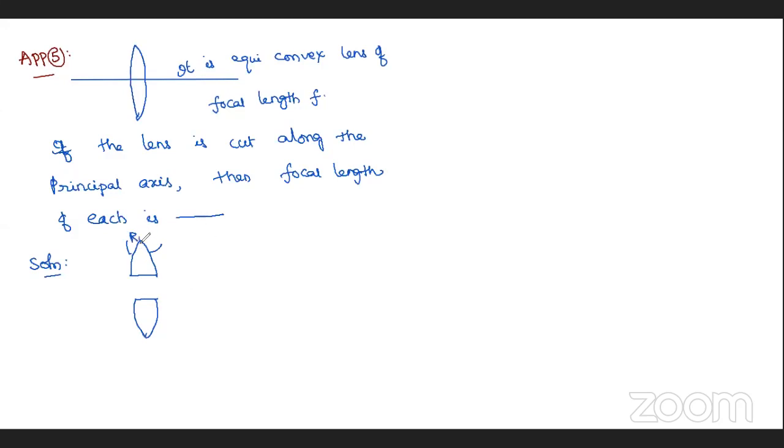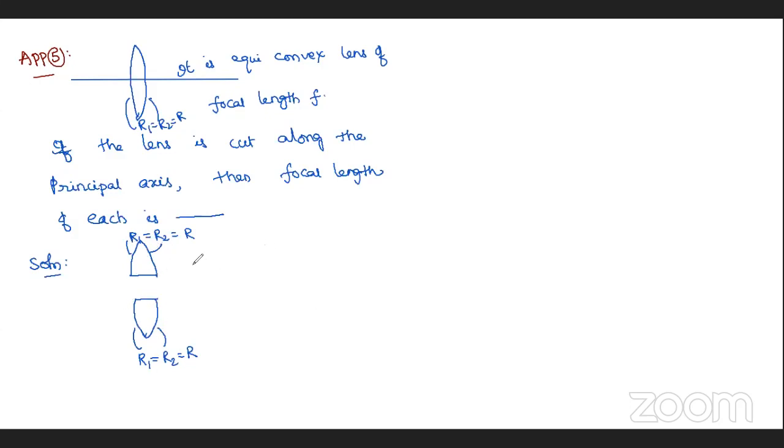So here R1 is equal to R2 is equal to R, and here also R1 is equal to R2 is equal to R. Radii of curvature are not changed. Then what is changed? Media are not changed. Radii of curvature are not changed.